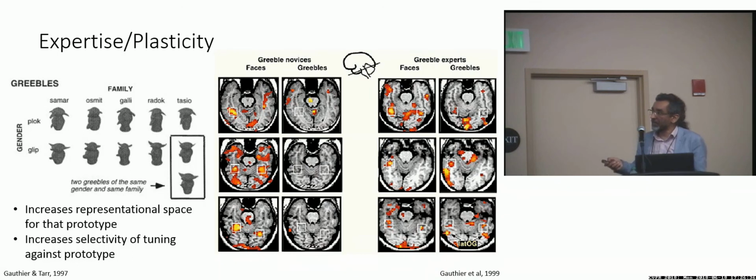So what's happened is there's plasticity of the representational space in IT cortex such that you use the average prototype and create more selective neurons along different vector angles away from it. That increases the size of the representational space for greebles that allows you to distinguish between the families and the genders. So you've increased the selectivity of tuning against the prototype as well as the amount of space you have to distinguish between them.